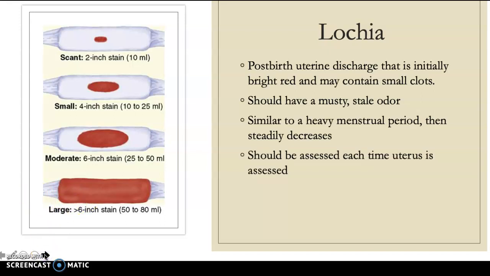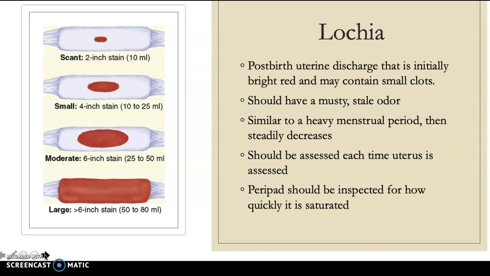We're going to assess her bleeding every time we assess her uterus. And we're going to massage the uterus to release any extra blood every time we're doing a fundal check. And then we're going to check that peri-pad to see how quickly it's being saturated. In the lab, I showed you that these peri-pads are large. If they're saturating that peri-pad rather quickly, in less than an hour, then we know that she has a risk of postpartum hemorrhage.